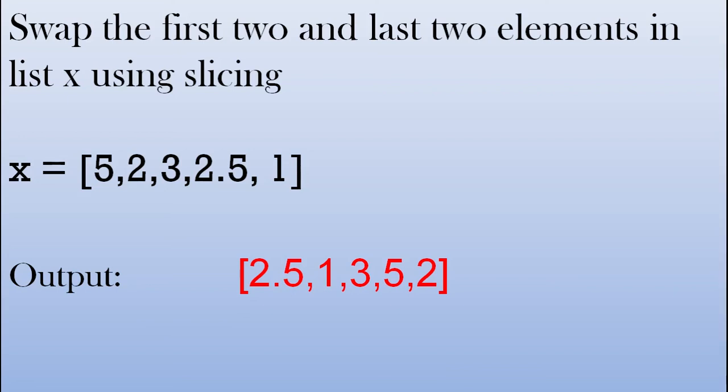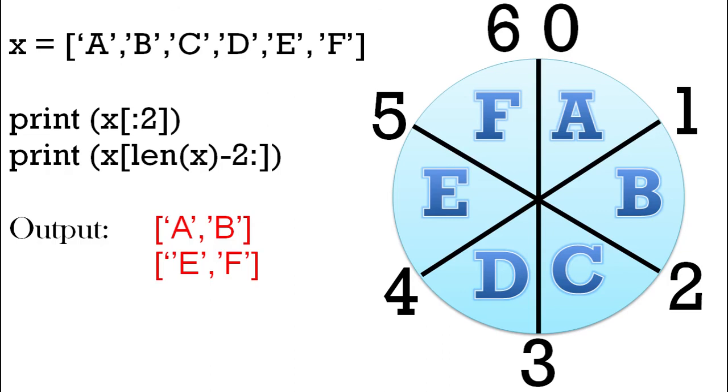Well, here's how you get the first two elements. Can you remember? :2 from the start. We don't need to put 0 in. When we want to go to the end, we don't need to put the final number in. And one way to find the second element from the end is we have the length -2. So if the length is 6, we take 2 away, it's 4.